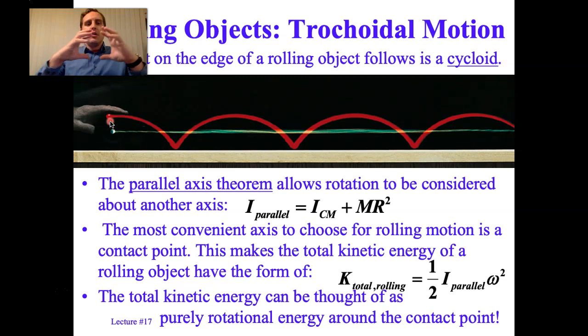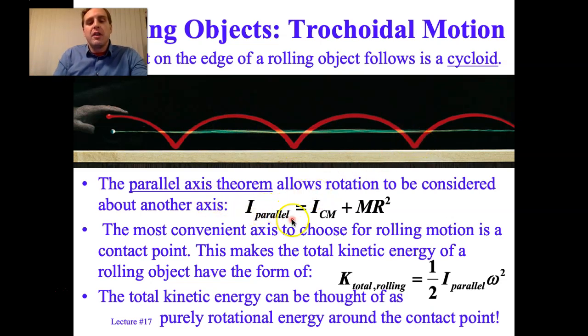Imagine taking a cylinder and gluing a sort of dowel on the edge. If you spun the cylinder on that dowel, it would look like this in terms of how it tumbles over.